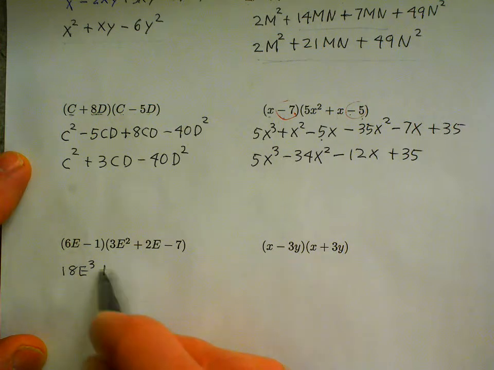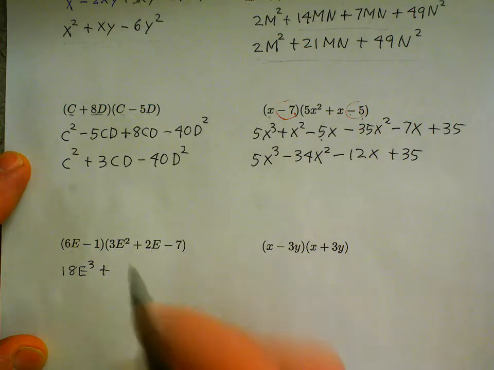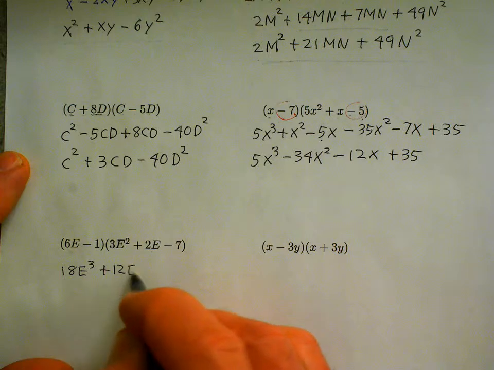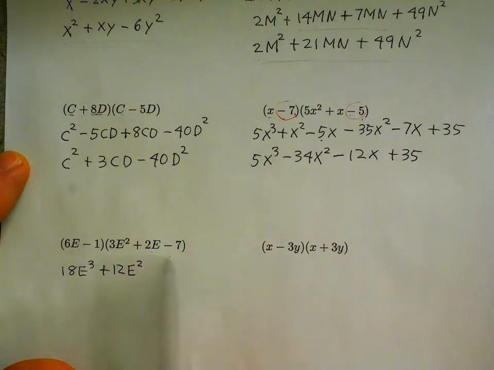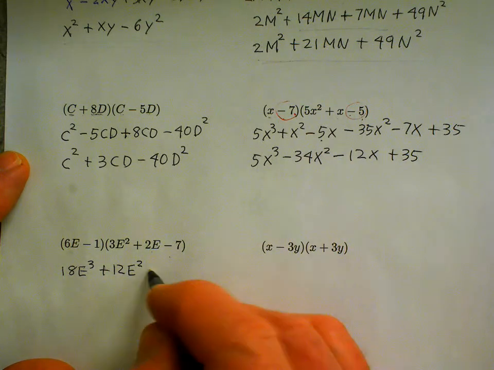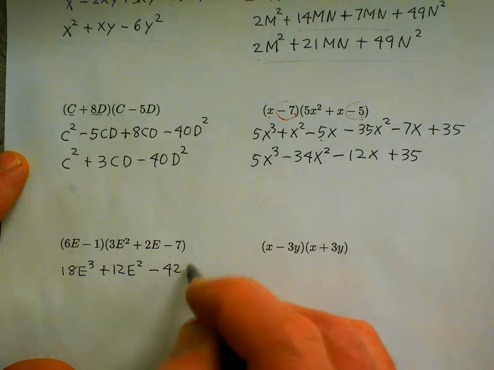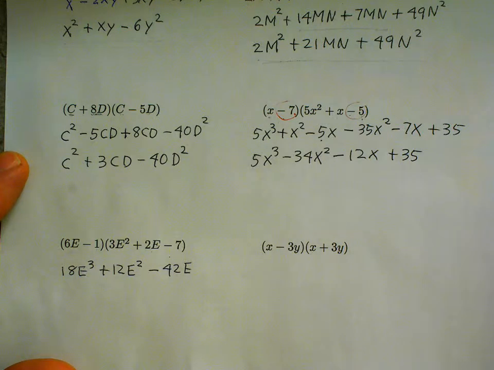And then plus 6e times 2e is plus 12e to the second. And then minus 6e times 7 is minus 42e. And then, in effect, just multiply negative 1 times each of the terms in the trinomial. So we're going to have minus 3e to the second.